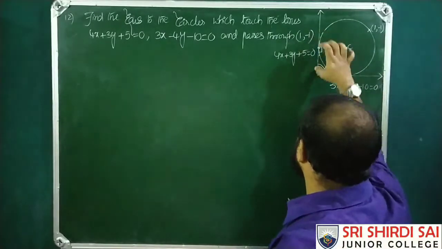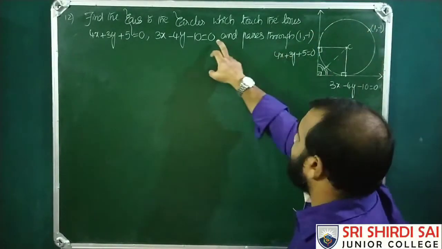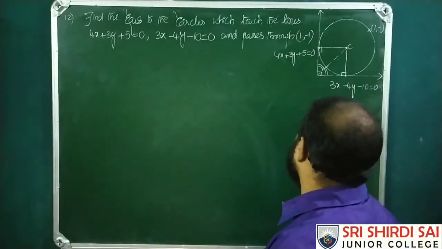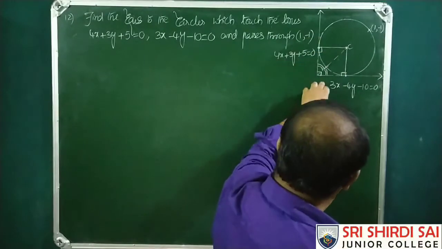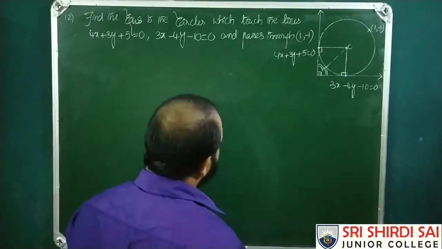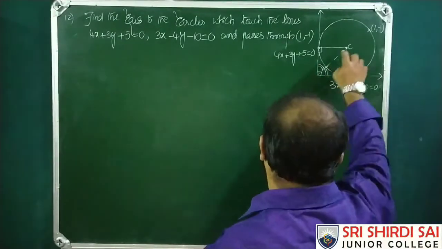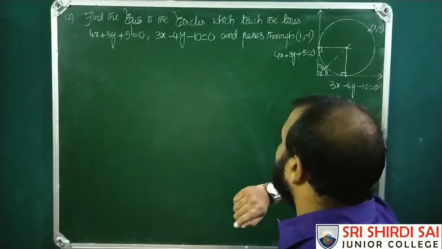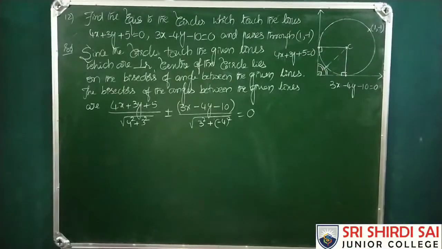So the given two lines are perpendicular, and these two lines touch this circle, and the circle is passing through 1 comma minus 1. So since the circle touches the lines which are perpendicular, the center of the circle lies on the angular bisector of the given two lines.